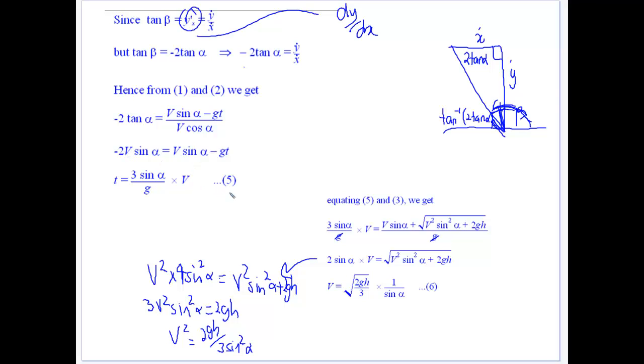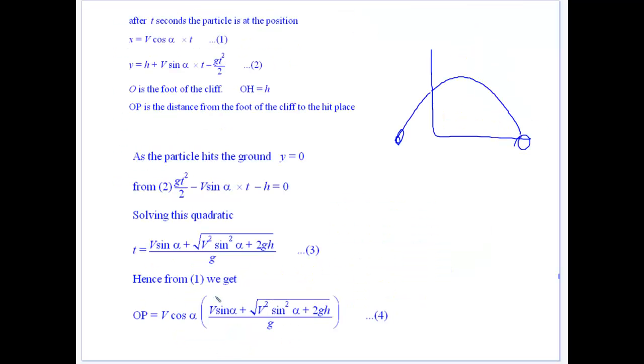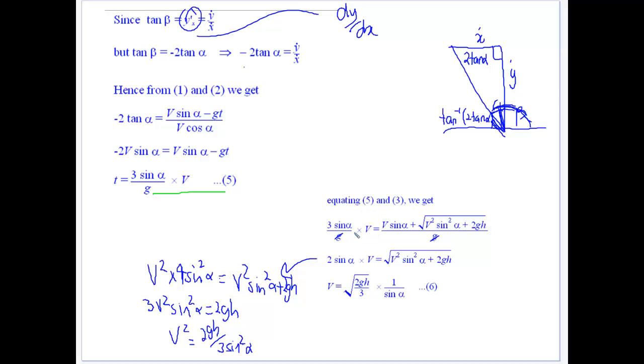Now if we take equation 5 that we've just established there, and what we had in 3 before, because they're both equal to t, we've equated those. Our g's will cancel, and we get 3 sine alpha times v, and because it's over nothing there, we can subtract our v sine alpha there, which gives us 2 sine alpha times v.